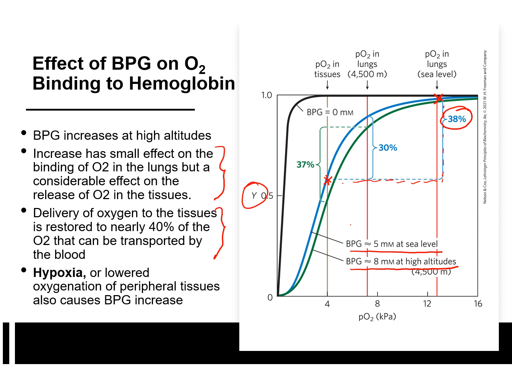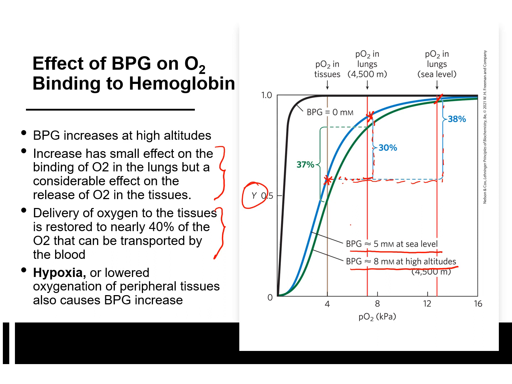Now, if we were to shoot up to high altitude, if we go to the top of Mont Blanc or something, and our BPG levels have not had a chance to adjust, in other words, they're still at 5 millimolar, notice that we're only going to release 30% of the oxygen acquired in the lungs to our tissues.